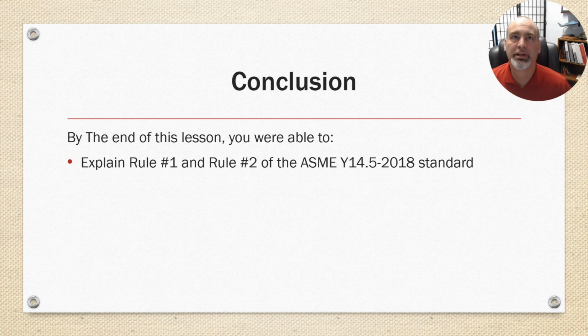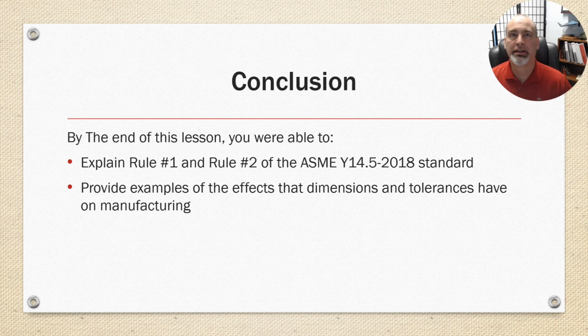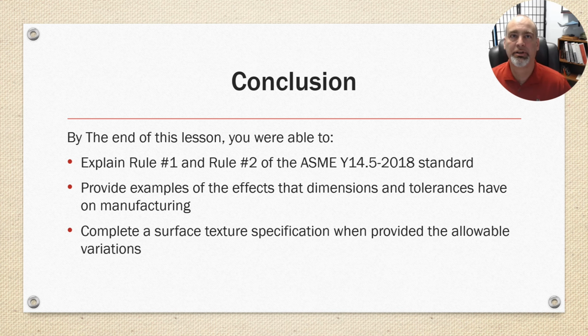We also explained rule number 1 and rule number 2 of the ASME Y14.5-2018 standard. Provide examples of effects that dimensions and tolerances have on manufacturing, and completed a surface texture specification when provided the allowable variations.